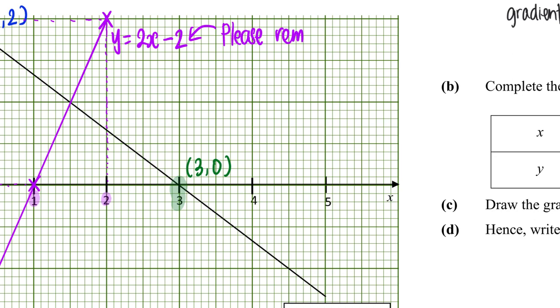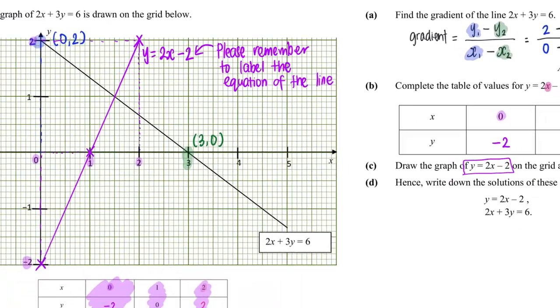Please remember to label the equation of the line. Alright, and we are done with part C.